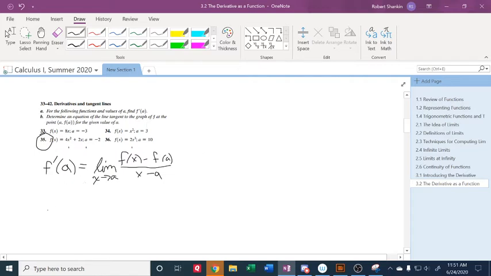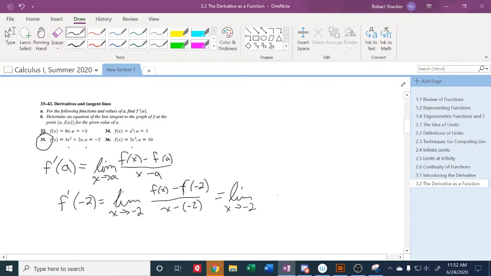Alright, so if we're using that definition, f prime at, on 35 it's negative 2, is the limit as x approaches negative 2 of f of x minus f of negative 2 over x minus negative 2.